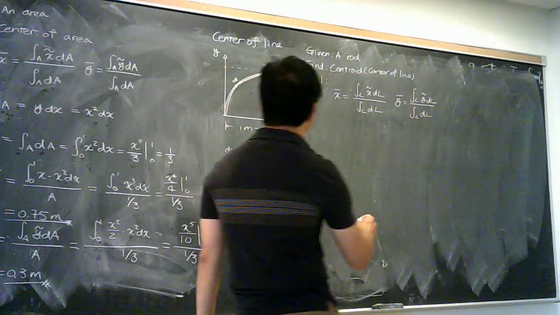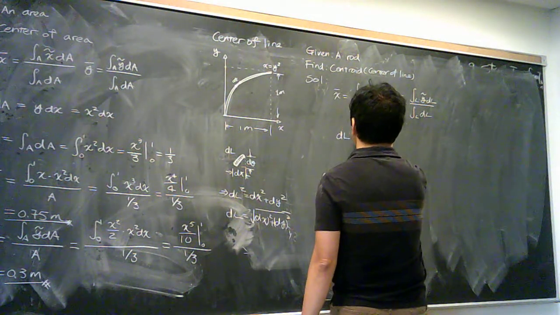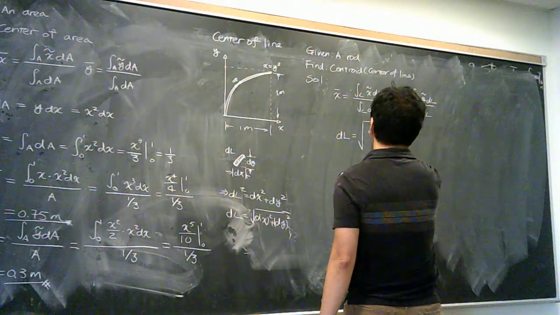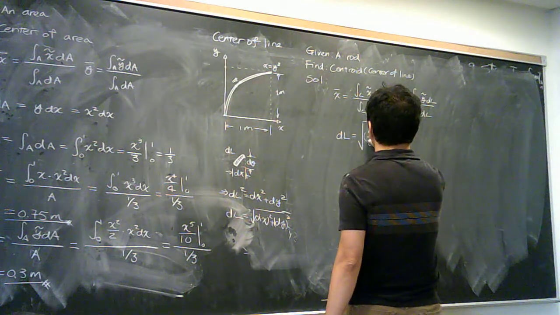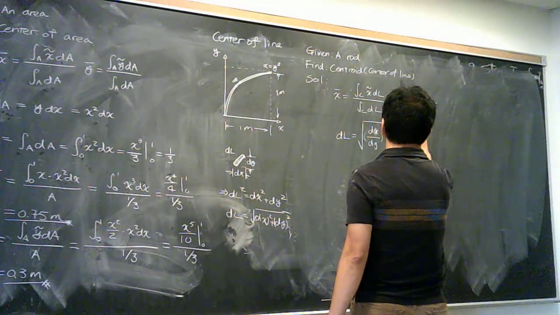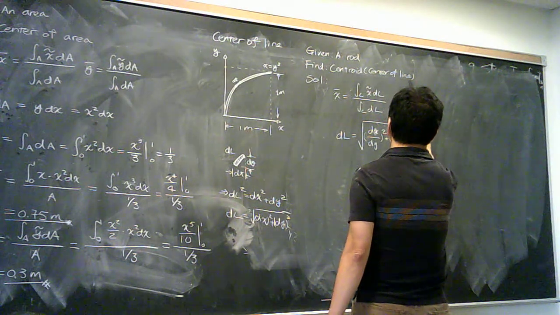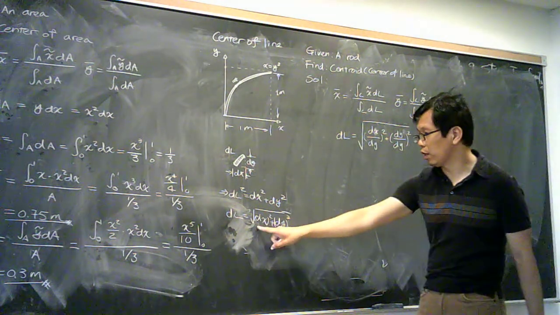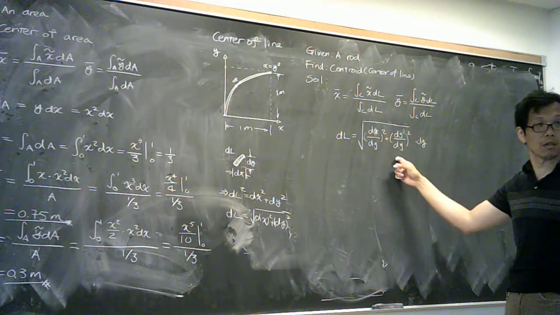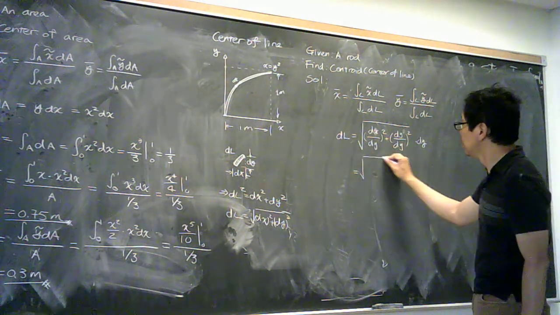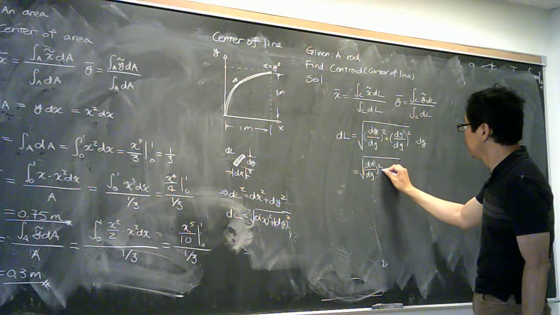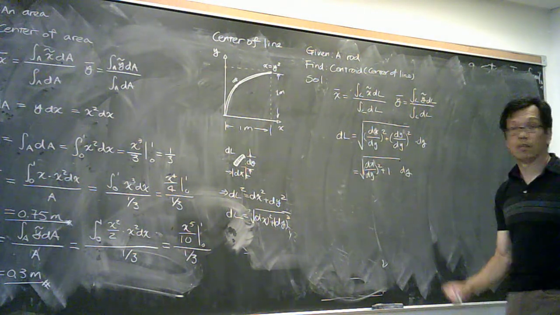So if I do something like divide by dy squared, if I divide dy squared on both sides and move dy out of the square root term, it becomes something like this. Or it is actually something like this.